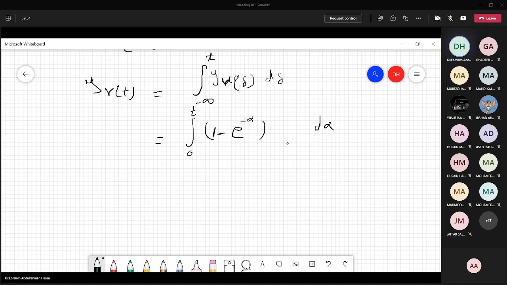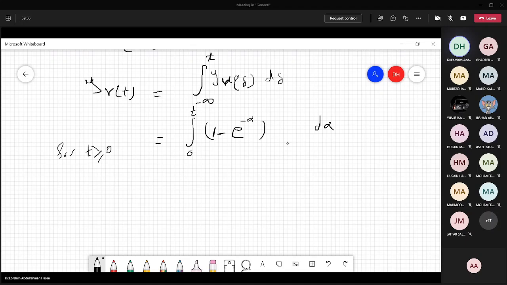Keep in mind that this is now valid for t greater than or equal to 0, because for less than 0 it is equal to 0. For this reason, I remove u and say it starts from 0.